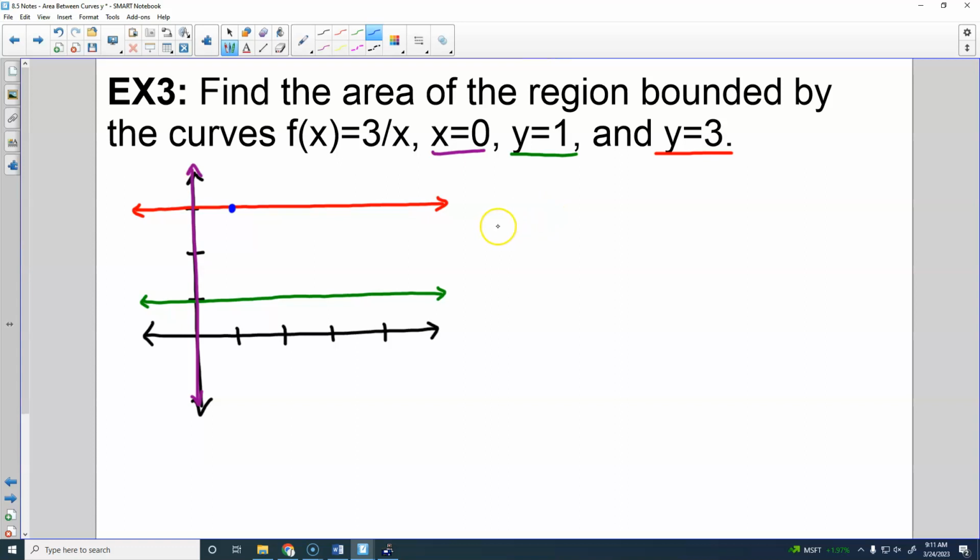If I plug in 2, I get 3 halves, which is 1.5, which will be about right here. If I plug in 3, I get 3 over 3, which is 1, so (3, 1) would be right here. And if you remember what these look like, you're going to have an asymptote right there. So our area that we're looking at is right here.